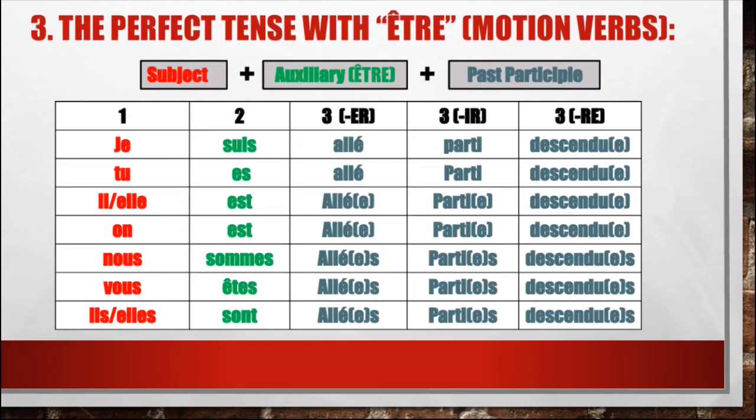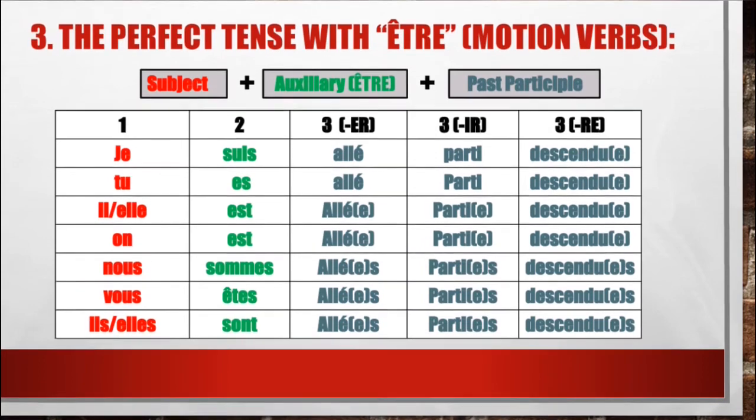So when we talk about elle, it's obviously feminine, we need the extra E. Je, for example, could be feminine if the person talking, doing the action, is a woman or a girl. And we can also see that there is an extra S, which needs to be added for when it is plural. So that's the tricky thing there.